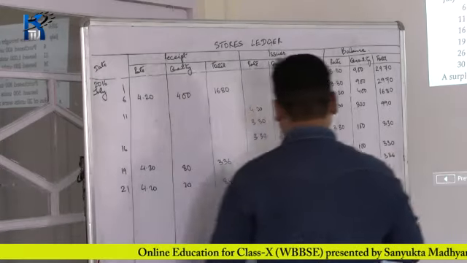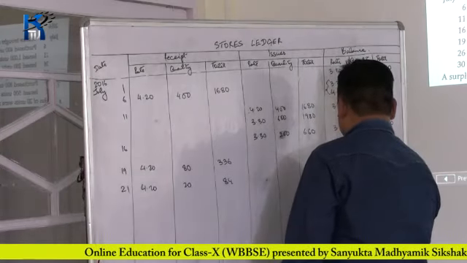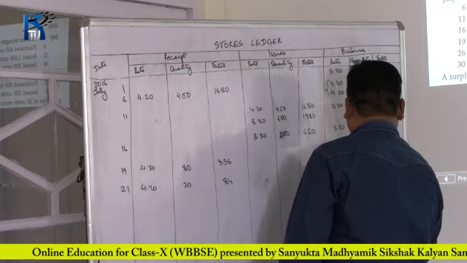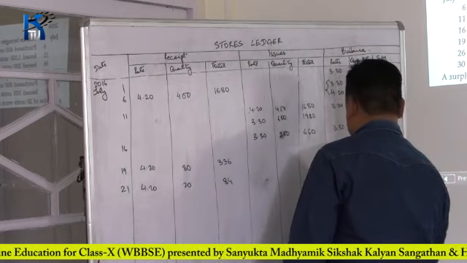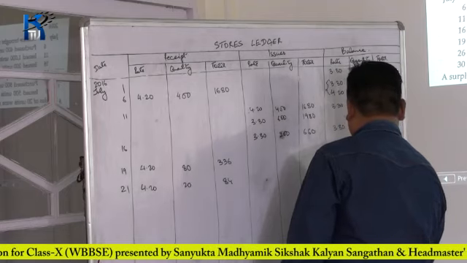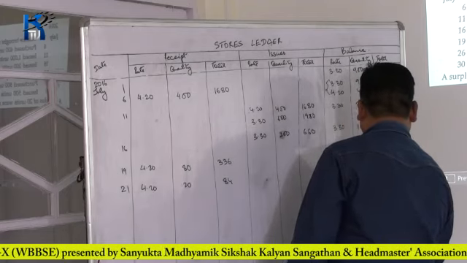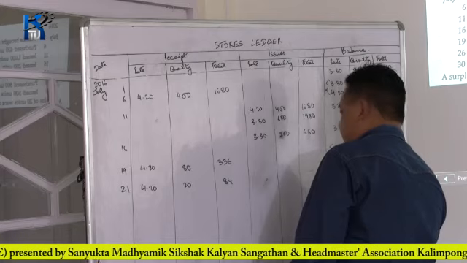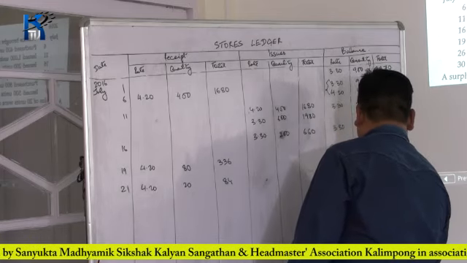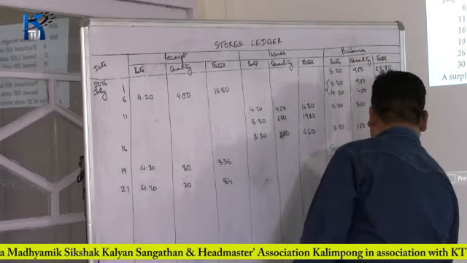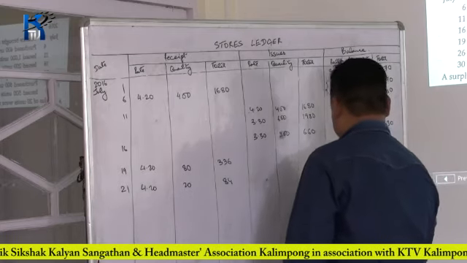Now, the new balance: 3.30, 100 each, 330, 4.20, 80 units, 336, and 4.20, 20 units of rupees 84.